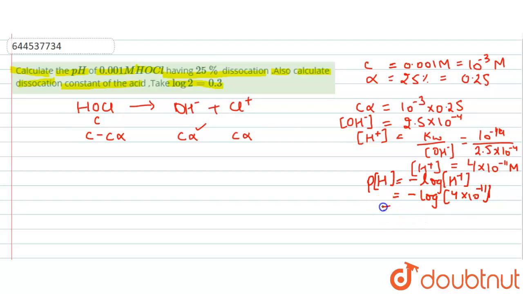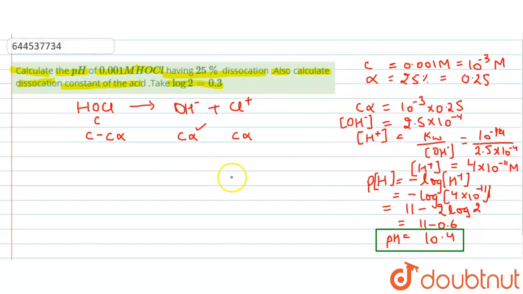Okay, this will come out as 11 minus log 4. 4 can be written as 2 raised to power 2, so it will be 2 log 2, and the pH of this solution comes out as 11 minus 0.6, that is 10.4. It is the pH of the solution.